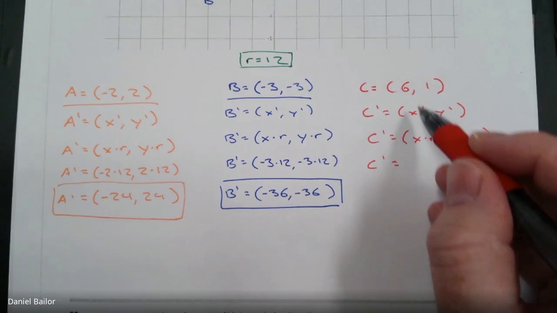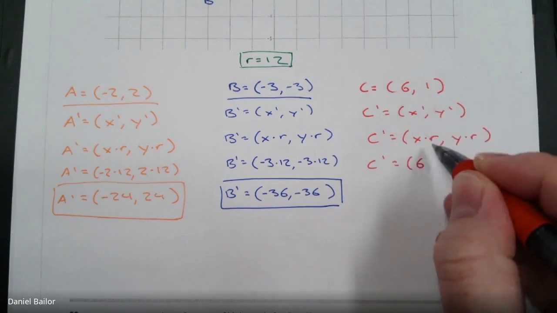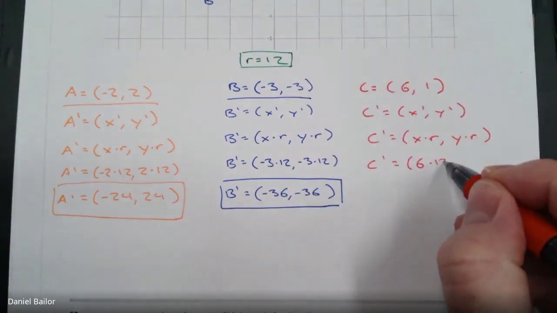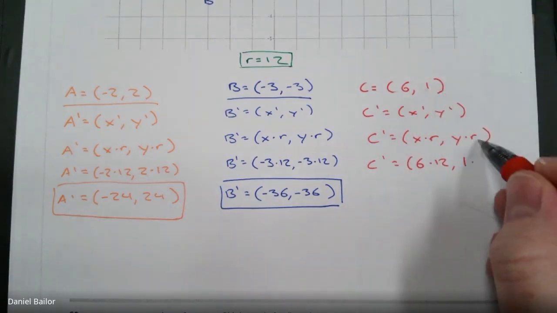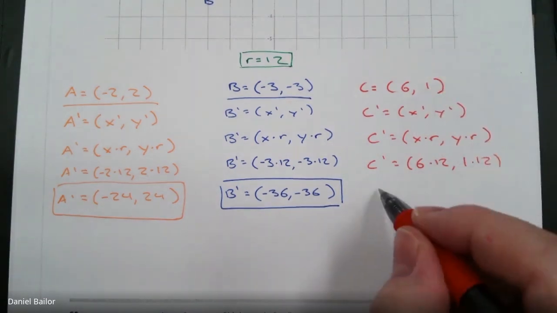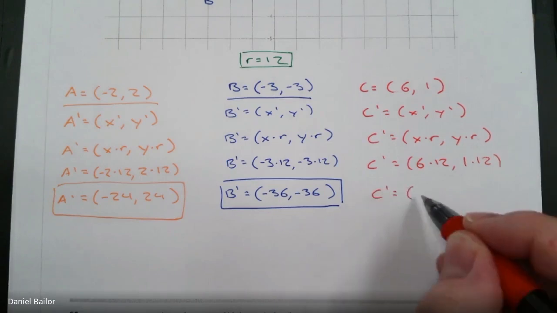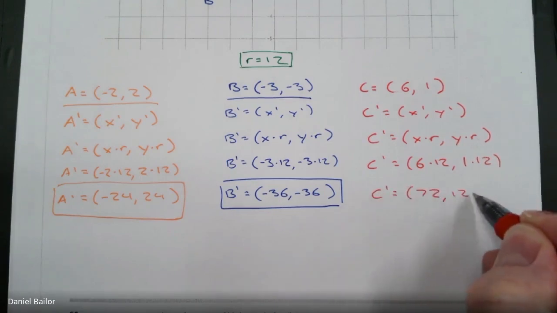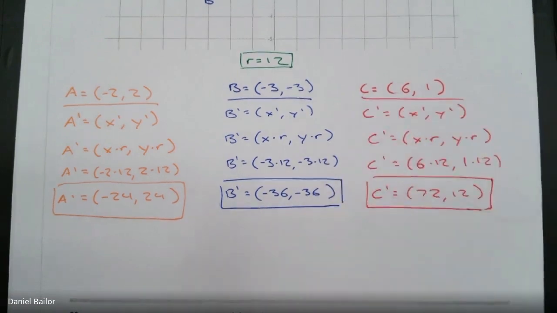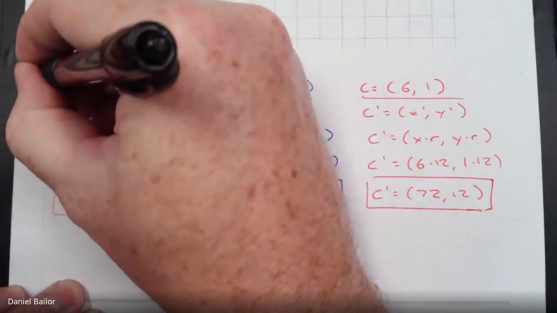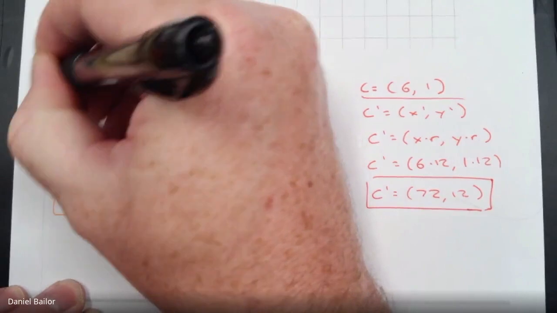We know x was 6. We know r is 12. We know y was 1. We know r is 12. And so C prime's coordinates are going to be 72, 12. And those are the 3 points. We have the ones up top, which are before the dilation.